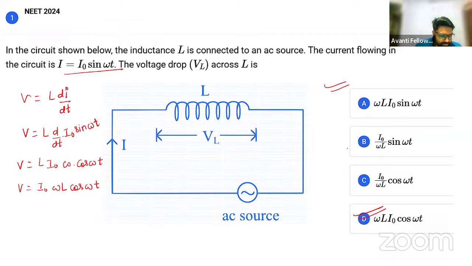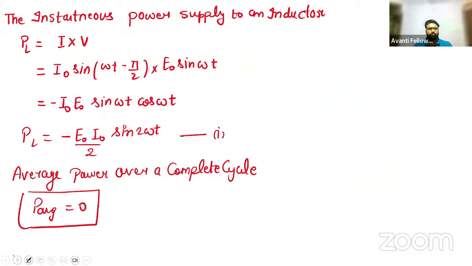Look how easy the question was. I hope that you got this concept.